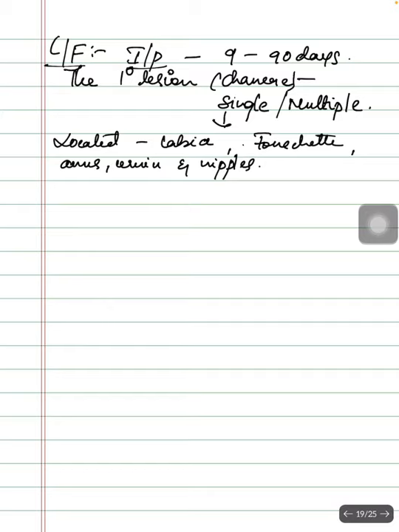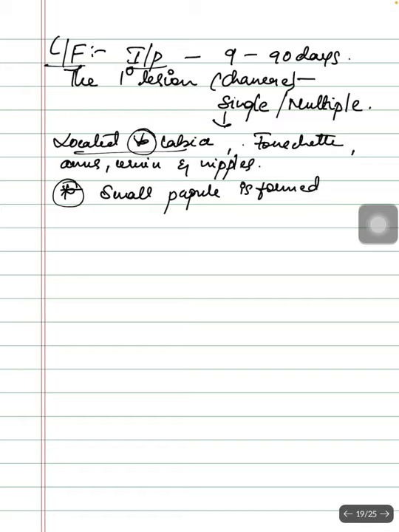Firstly, a small papule is formed, which is quickly eroded to form an ulcer. The margins of this ulcer are raised with a smooth shiny floor.